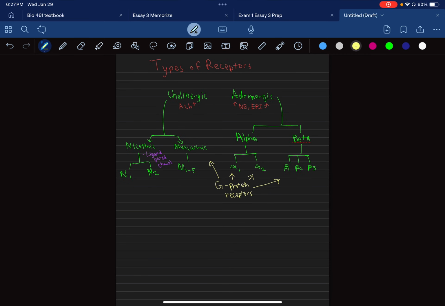Okay, and basically what a G protein receptor is going to be is a cascading signal that's going to use ATP to create more of the cAMP in the cell.